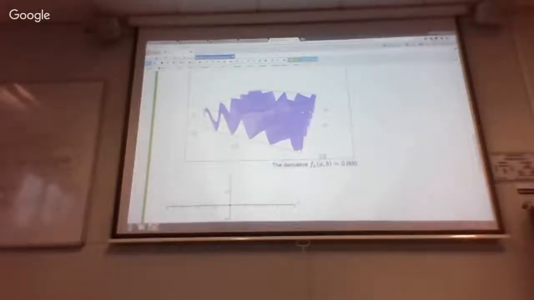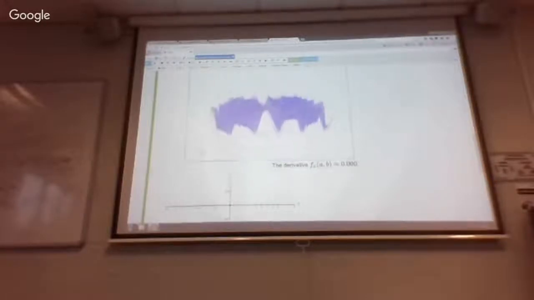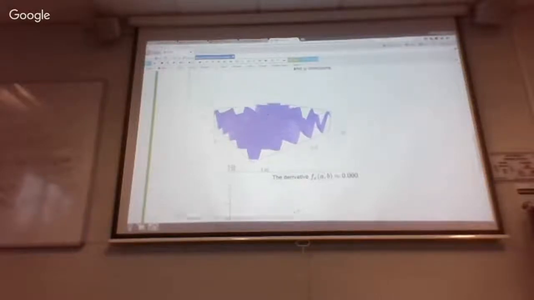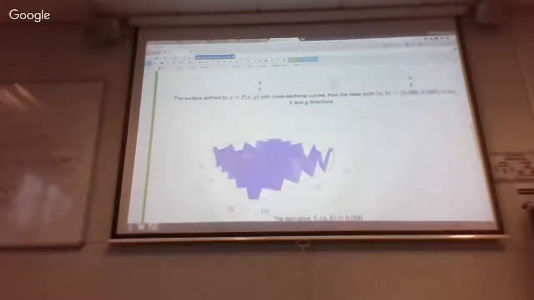So what you get is this blue surface, whose height above any particular point in the base, the xy domain plane, is given by the value of the function. That's what's called the graph defined by the function, or really we should call it the surface defined by the function.